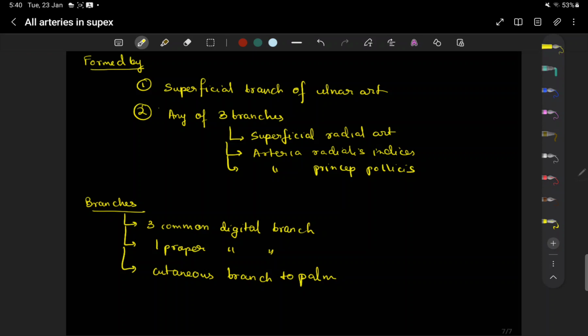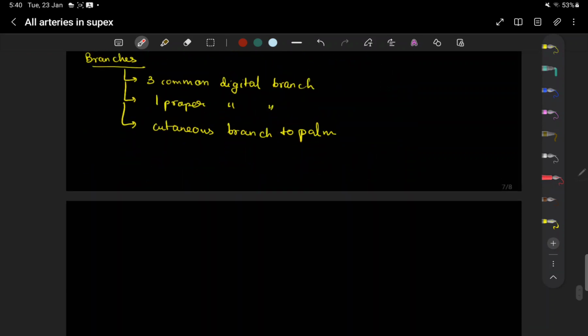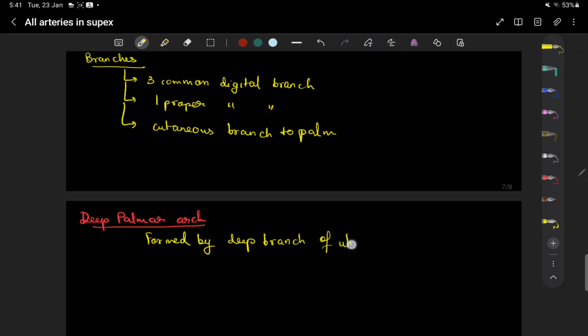Next, if we talk about the deep palmar arch, it is formed by the deep branch of both the ulnar and the radial artery.